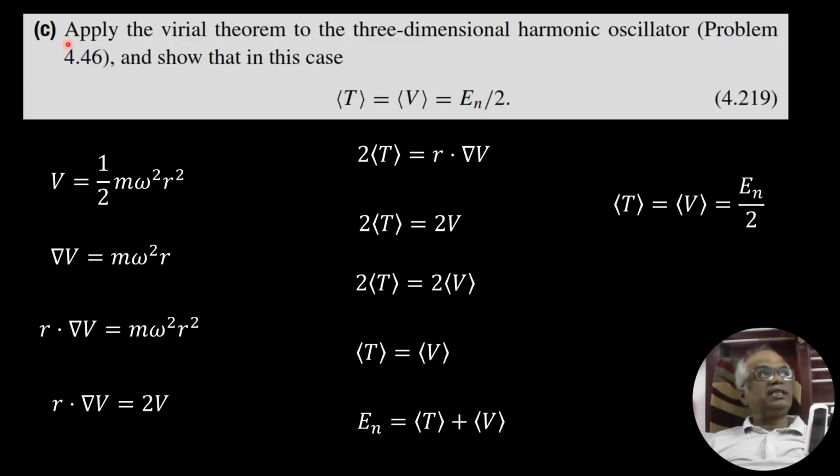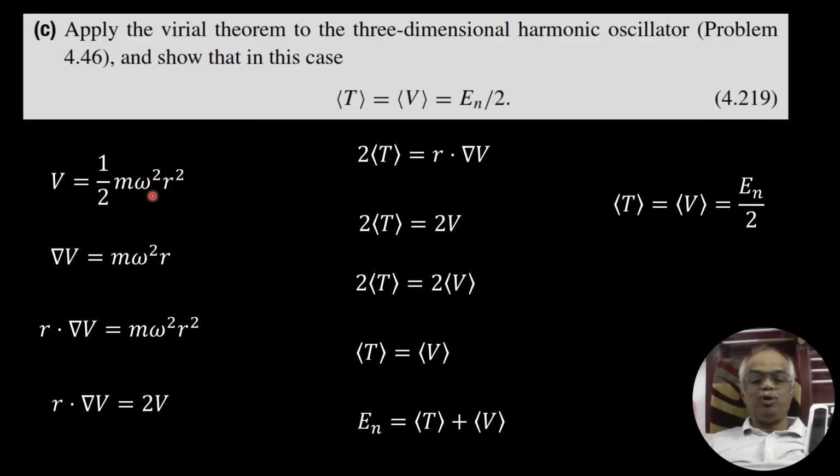Next, section C is: apply the Virial theorem to the three-dimensional harmonic oscillator and show that in this case the expectation value of T is equal to the expectation value of V, which is equal to E_n over 2. Now in the case of the harmonic oscillator, the potential energy is ½mω²r².